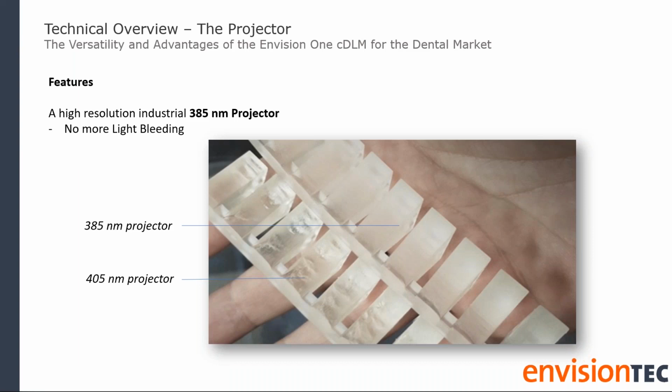With a 385 nanometer wavelength, 96% of the part is cured during the print, whereas with 405 nanometers, that curing is only about 80%. This leads to light bleeding and curling issues. The 405 nanometer prints have a higher chance of curling during post-processing.